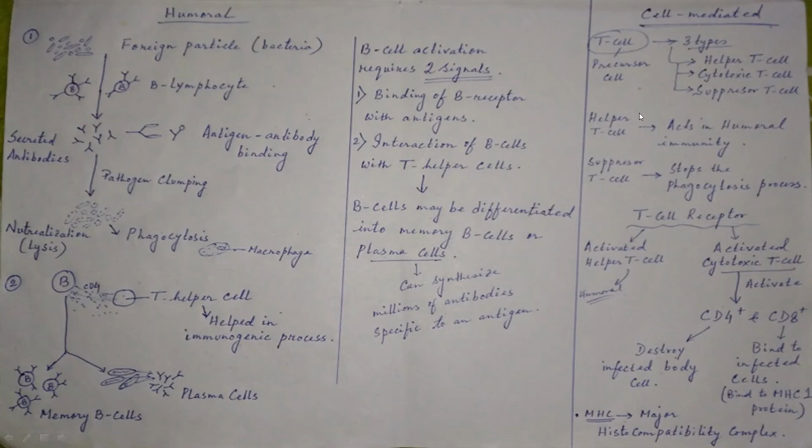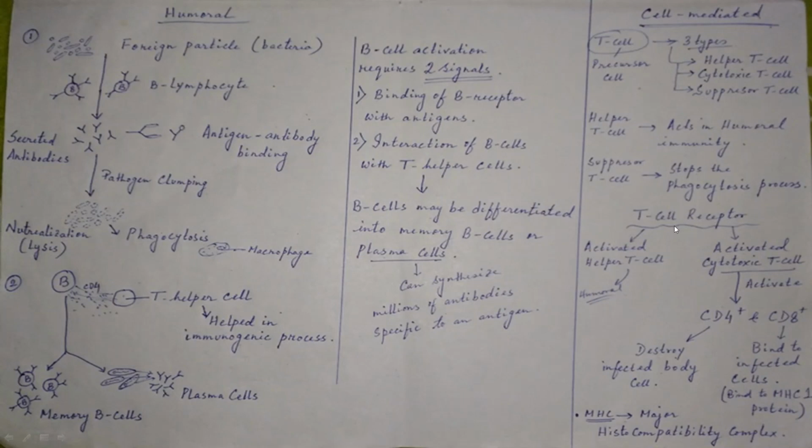So only when a foreign body enters our body, the helper T cells will help the B cells to produce these two cells further, and antigen antibody binding will further neutralize those pathogenic cells or antigens. And somewhere this process needs to be stopped. For that, suppressor T cells help and stop the phagocytosis process.